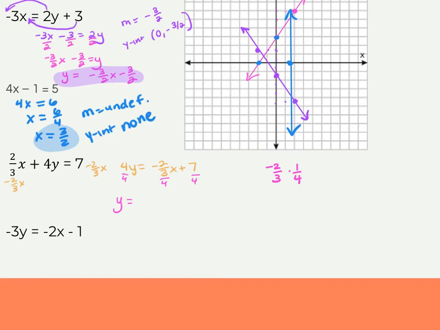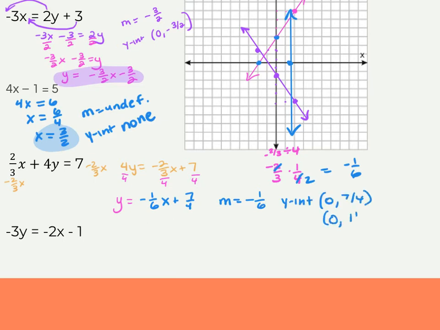So a fraction divided by something, we would keep, change, flip. Negative 2/3 divided by 4 becomes negative 2/3 times 1/4. Okay, so 2 goes into 4 twice, and this becomes negative 1/6. So y equals negative 1/6 x plus 7/4. My slope is negative 1/6, and my y-intercept is 0, 7/4, which is the same thing as 0 and 1 3/4.